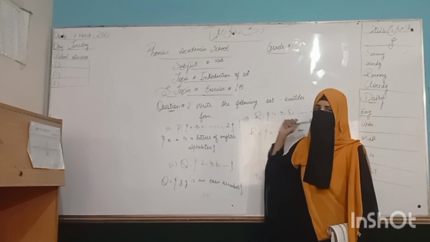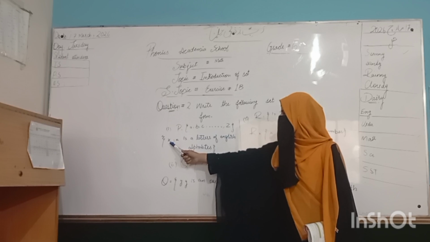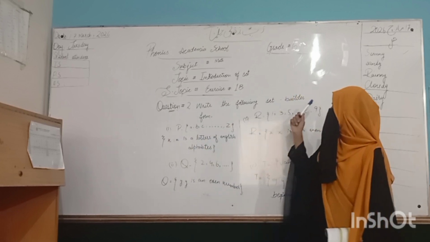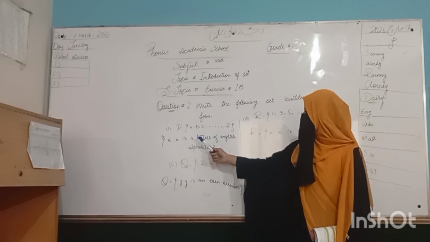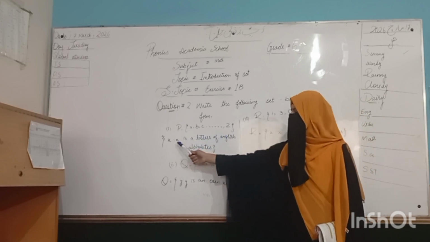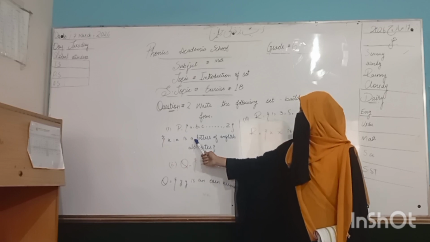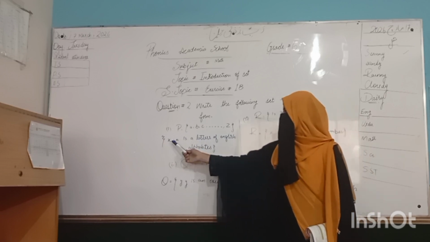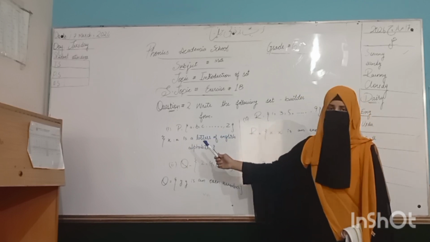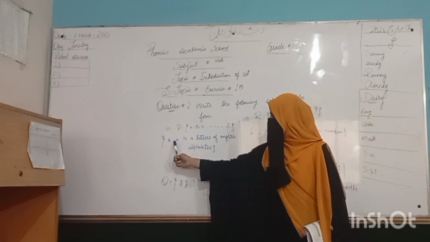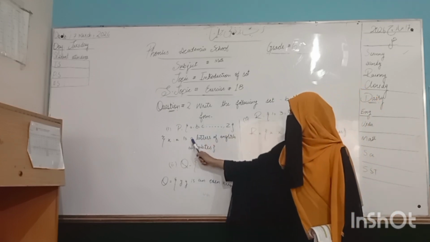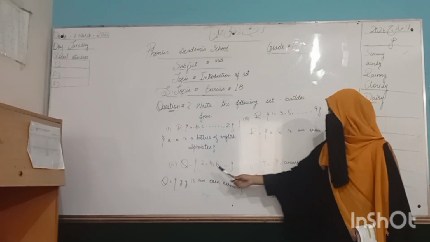According to set builder notation, bracket x such that x, with a symbol or sign, is a letter of the English alphabet. This form is called the set builder form: x such that x is a letter of the English alphabet.